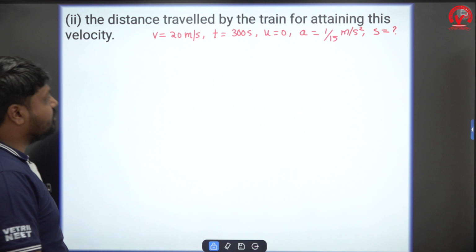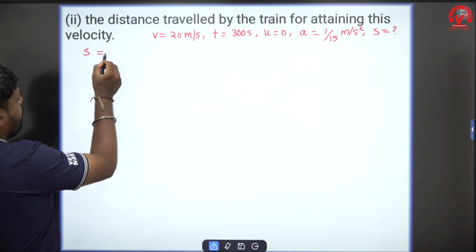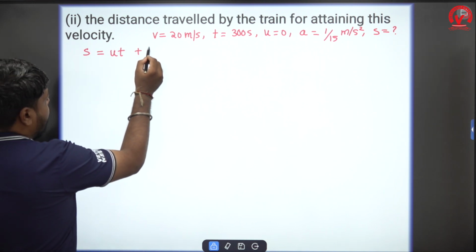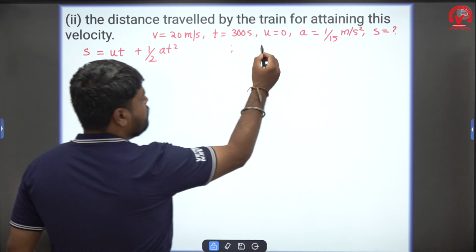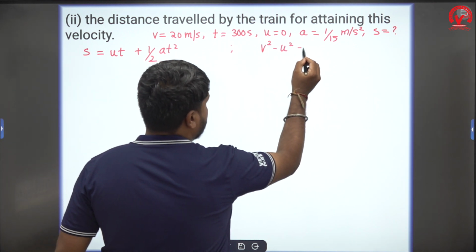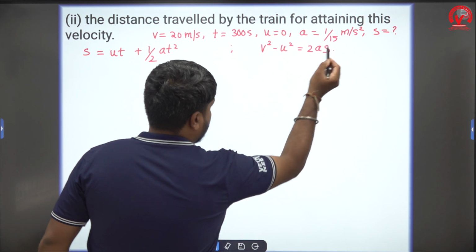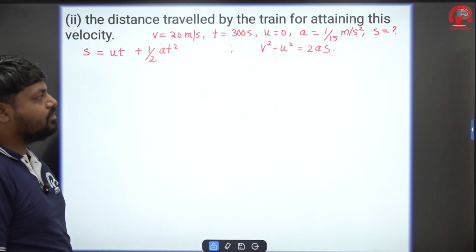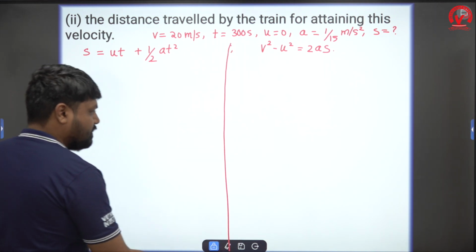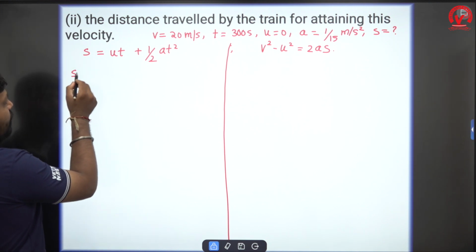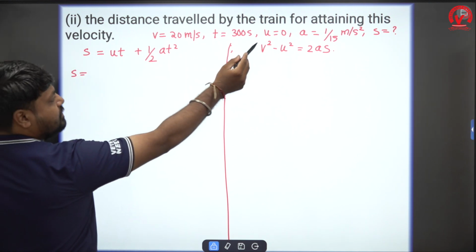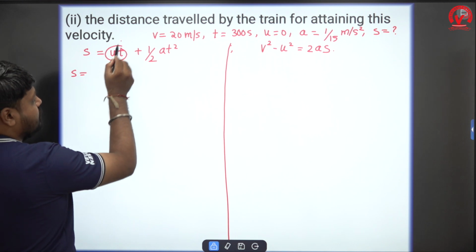What equation can you use? Second equation: s is equal to ut plus half at square. Is it the second equation only? No, we can also use v square minus u square is equal to 2as. We can use both. So I am going to solve this by using both formulas. Listen to this. S is equal to, what is u here? u is 0, so this whole term becomes 0.